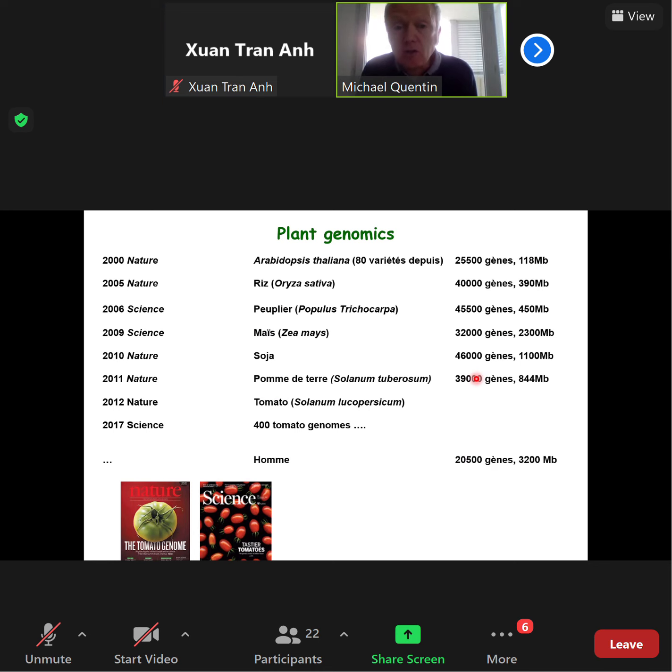Environmental conditions are always changing for plants. The weather may change. Plants may be exposed to drought, frost, or cold, and they have to adapt very quickly to those stresses.